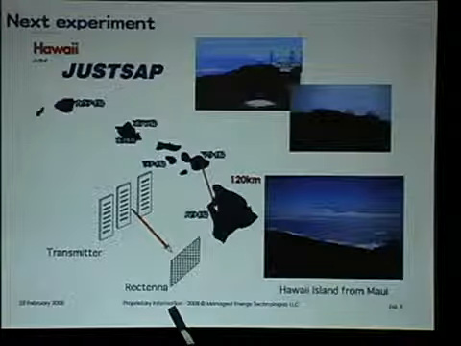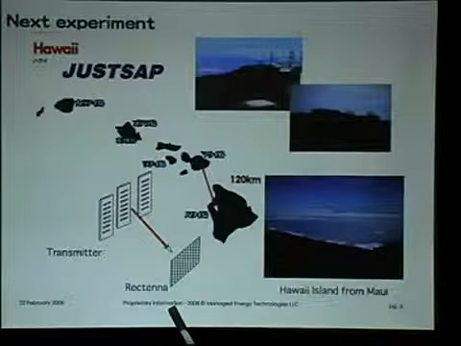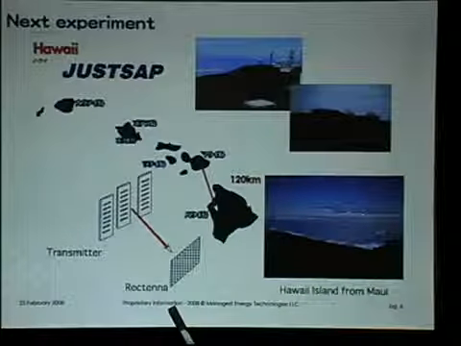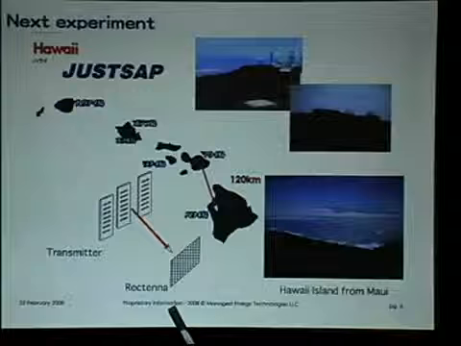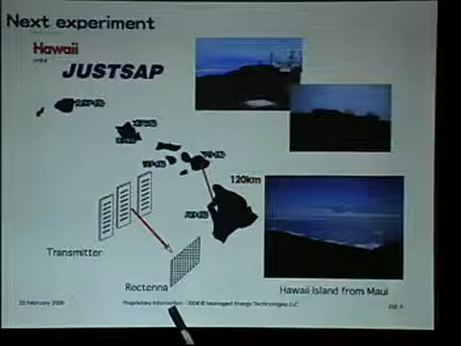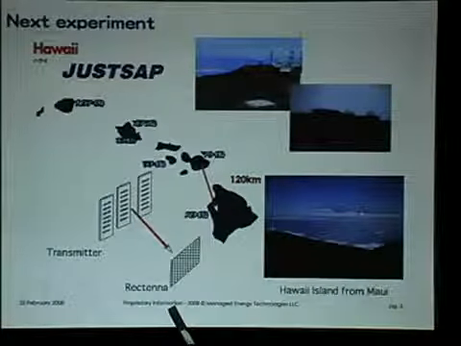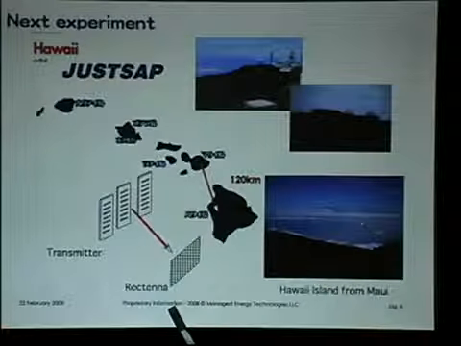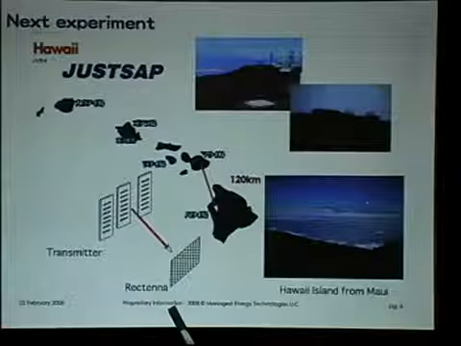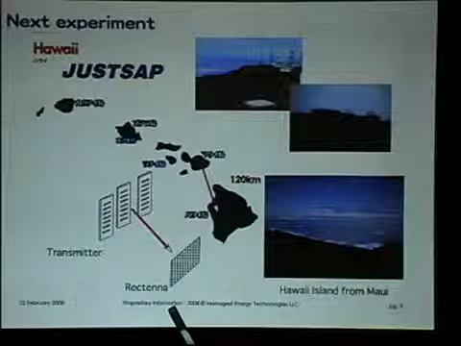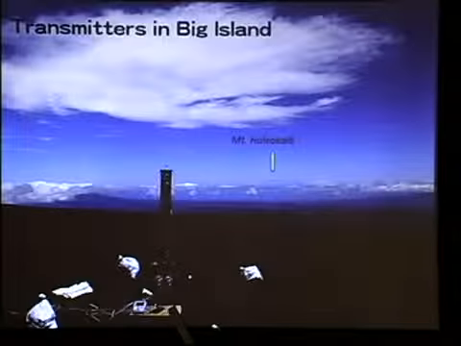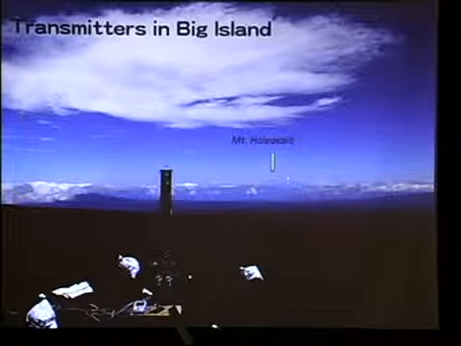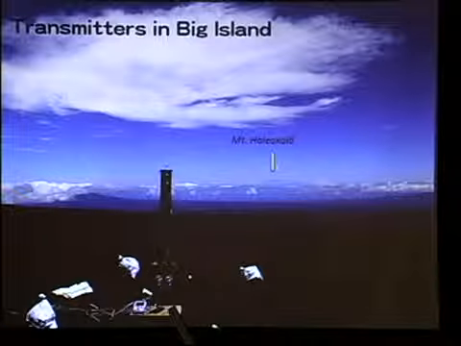You can see this picture shows the top of Haleakala, and you can see Mauna Kea, which is very famous for its telescopes. And this mountain is Mauna Loa. We try to send microwaves from Mauna Loa to Haleakala. This is one panel, and you can see Mount Haleakala here.